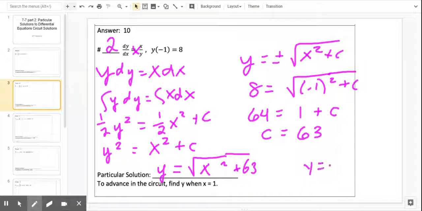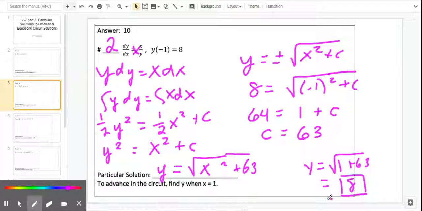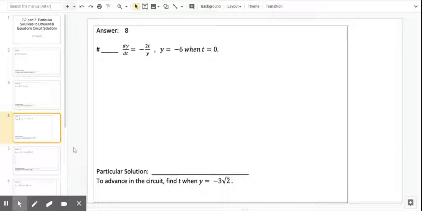So y equals the square root of 1 squared plus 63, which is the square root of 64, which is 8. Well, it's plus or minus 8, but it's plus 8 because that's our only option. There isn't a -8 option. So we find that here.